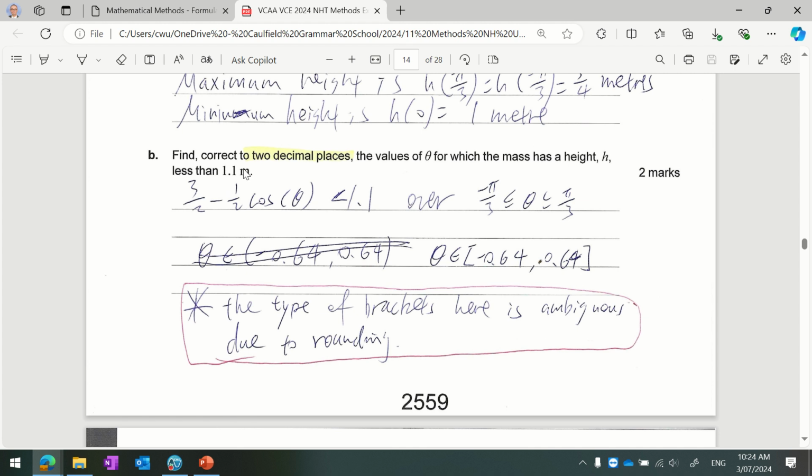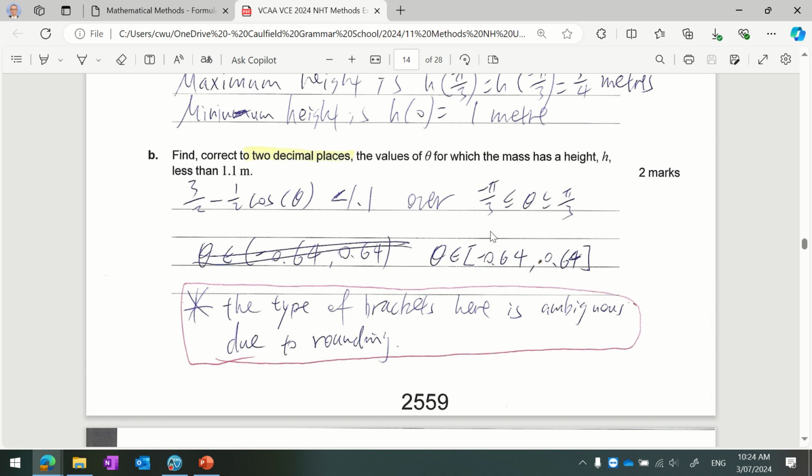But then it also asks us to round. So after you round, there is a good case to be made that you can include the points after you round them. So I am not too sure what the marking scheme looks like, or how they will decide on it.